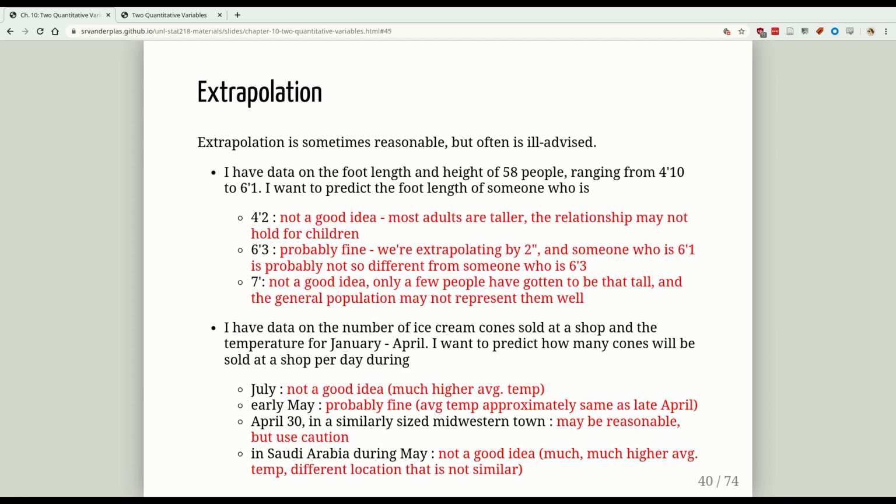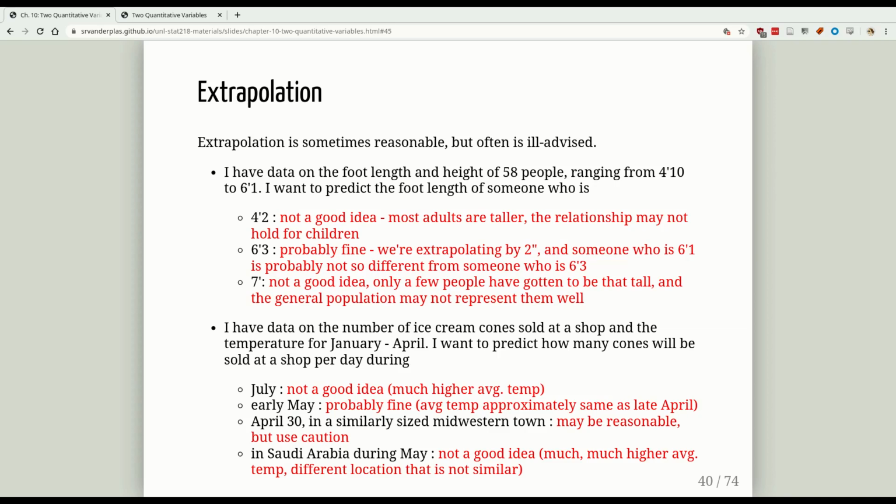All right, so if I have data on the foot length and height of 58 people, ranging from 4'10" to 6'1", and I want to predict the foot length of someone who is 4'2", that might not be the best idea. Most adults are taller than 4 feet 2 inches, sorry.